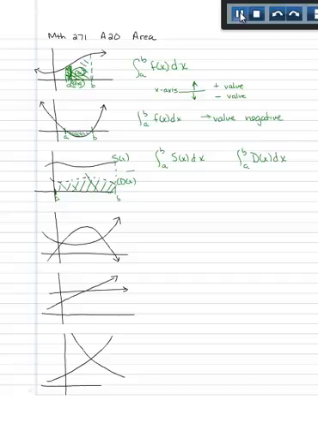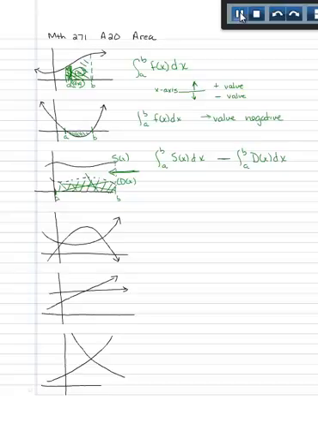But if I want this piece here in the middle, then I simply need to take the first one, which is the top curve, and subtract the bottom, because then that will get rid of this big area right here, and I'll be left with the area in the middle. So we'll subtract.